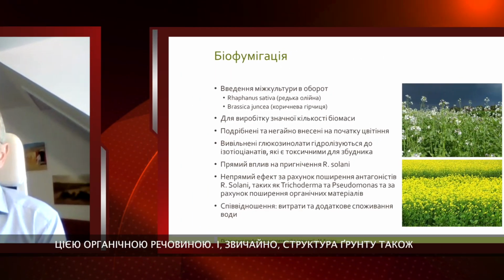So this is the direct effect on suppressing Rhizoctonia solani, and how this effect on yield can be explained. But there's also an indirect effect by promoting the antagonists of Rhizoctonia solani in the soil, like Trichoderma and Pseudomonas, feeding on this organic matter.